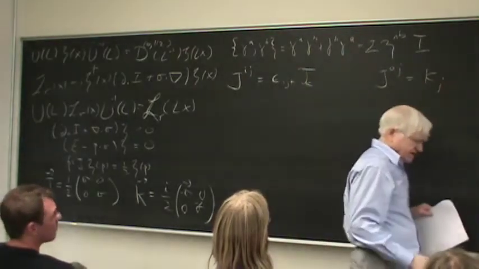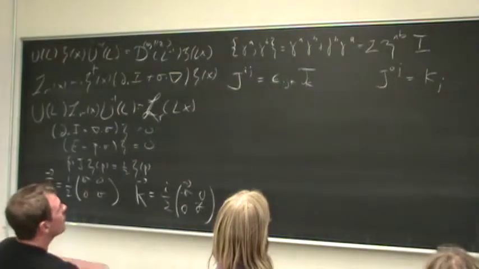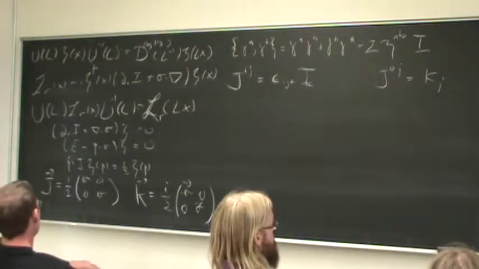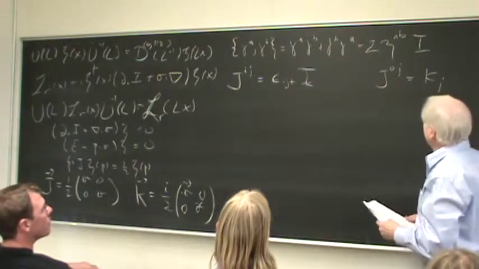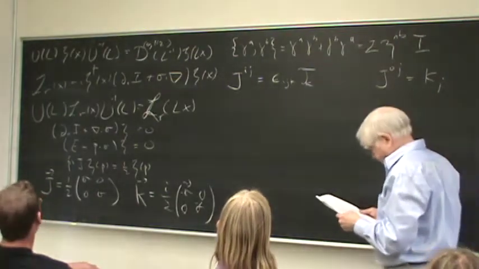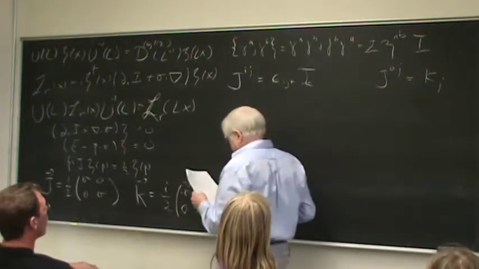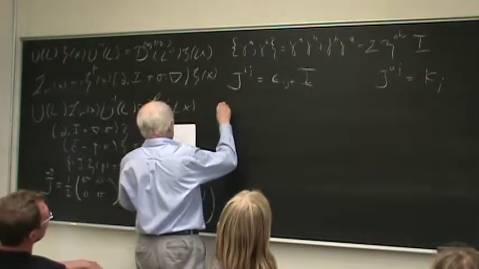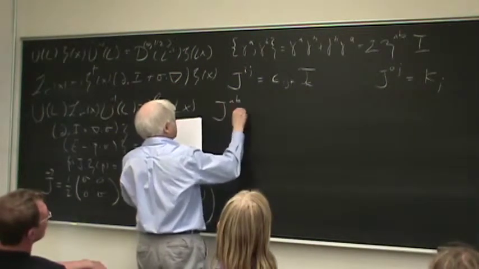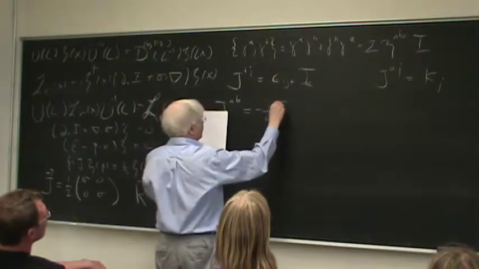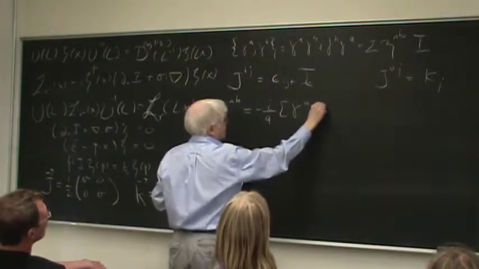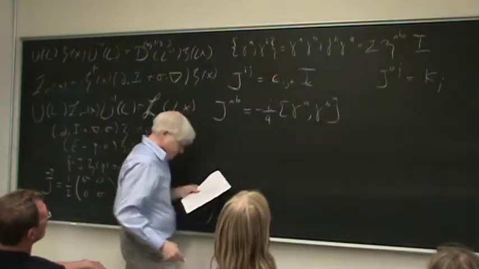So I just want to write the 6 generators of the Lorentz group in terms of a tensor notation. And then the remarkable thing, this is absolutely remarkable, is that JAB can be represented as minus i over 4, the commutator of gamma A with gamma B.